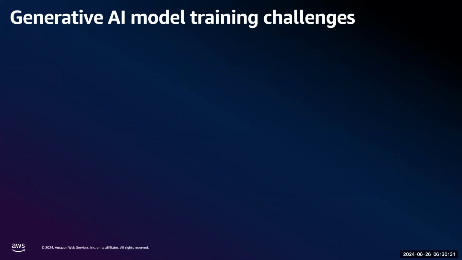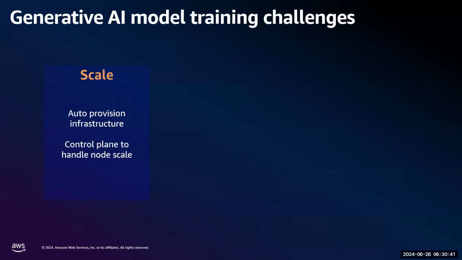So when you're training the model, an important aspect to it is, like I mentioned, the scaling. Why is that? Because you're trying to scale to the amount of data that's being brought to the different compute nodes. Especially model builders that are building multi-billion parameter models are using thousands, if not hundreds of nodes. And so you need to be able to scale to accommodate that level of model training.